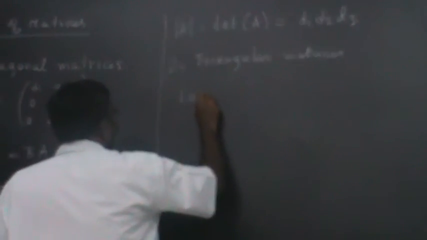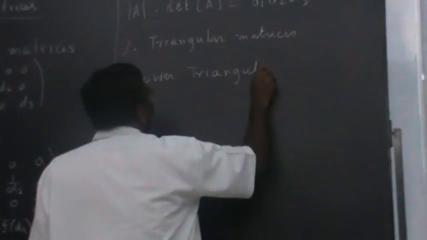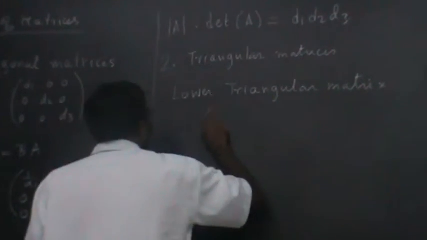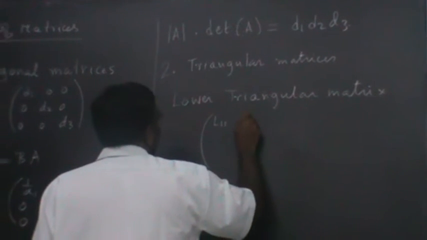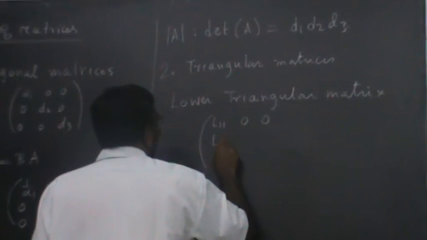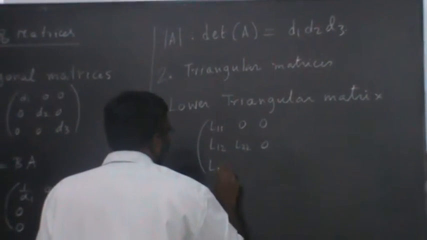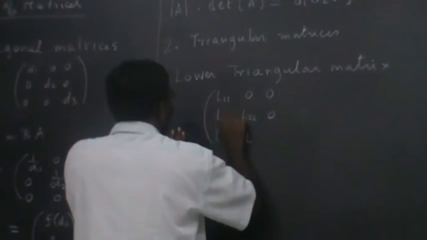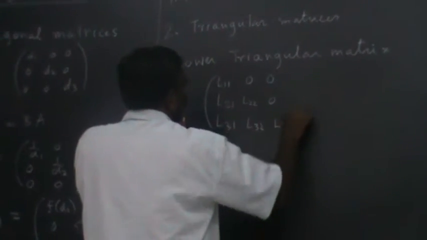Triangular matrices, there are two types. One is called the lower triangular matrix. That means you will have something like L11, 0, 0; L21, L22, 0; L31, L32, L33.